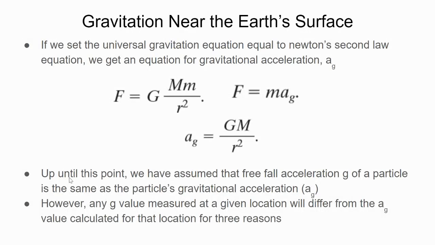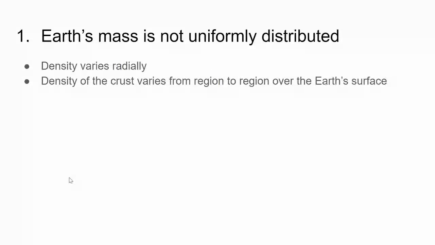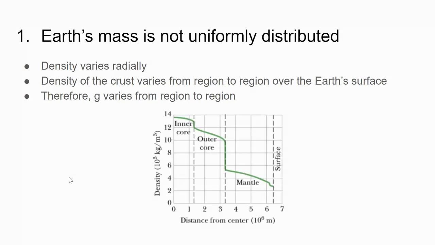However, any free fall acceleration value that's measured at a given location will actually differ from the gravitational acceleration value calculated for that location for three reasons. Our first reason is that Earth's mass is not uniformly distributed. The density of the Earth varies radially. The density of the crust varies from region to region over the Earth's surface, and therefore our free fall acceleration little g is going to vary from region to region.